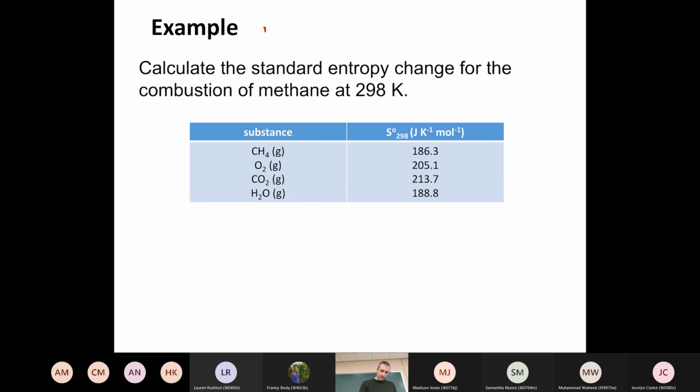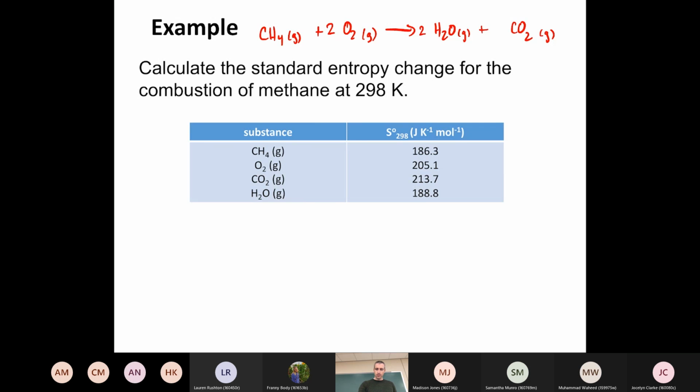That's going to look like CH4 gas plus O2 gas goes to H2O gas plus CO2 gas. And we have to balance this, so we have 2 waters, and that's going to give us 2 O2. That should be a balanced equation right there.